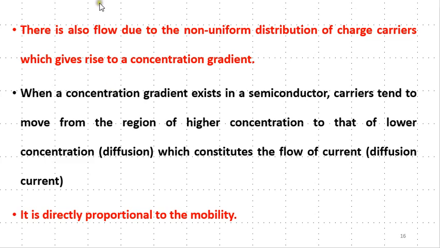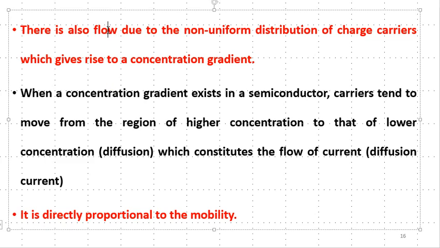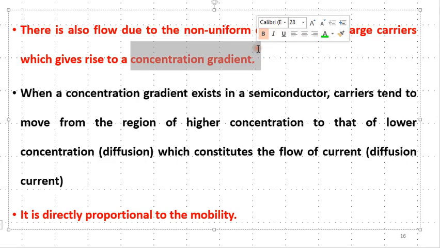The next thing is to go back to our flow of charge carriers. Whenever charge carriers are moving, we know they move from one region to another. As they are migrating from one point to another, we have variation in the concentration of charge along the length of the device or the material, and that is what we call charge concentration gradient.